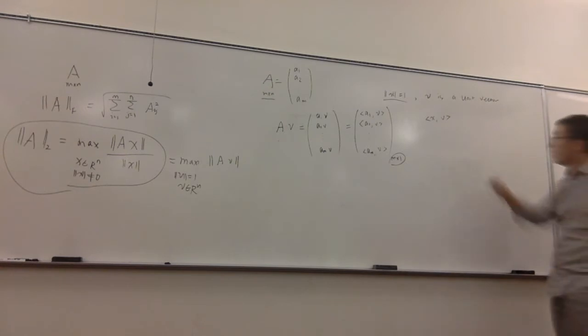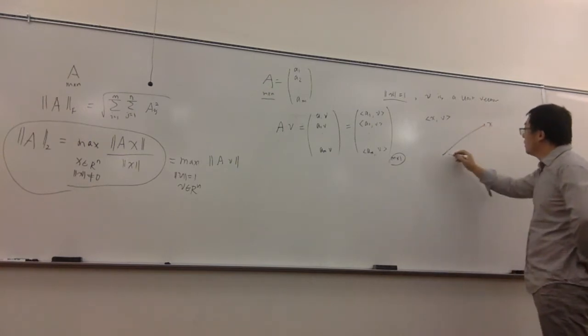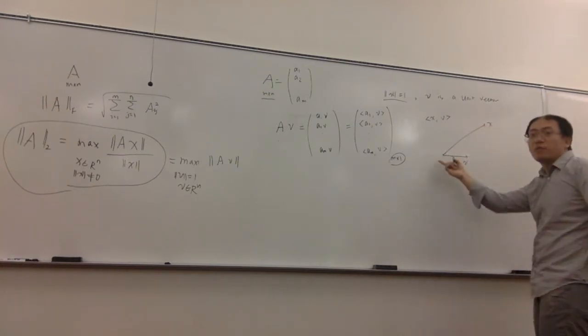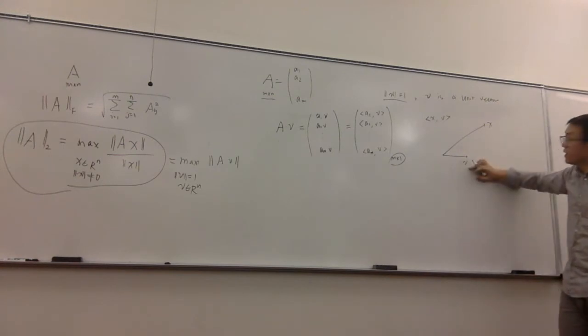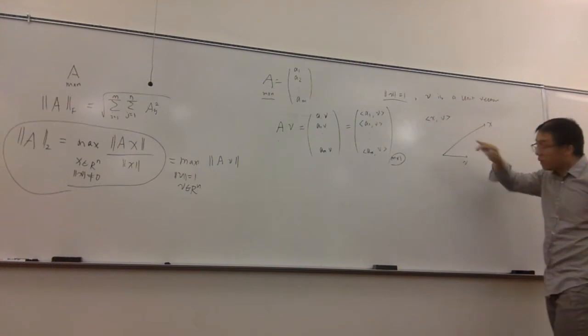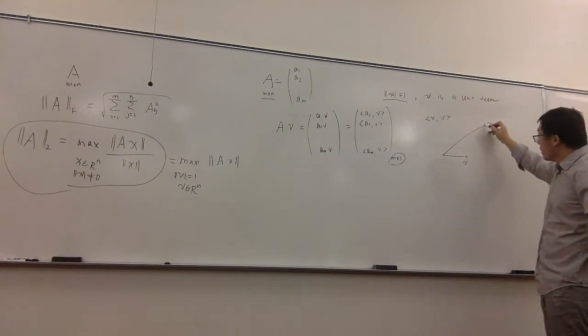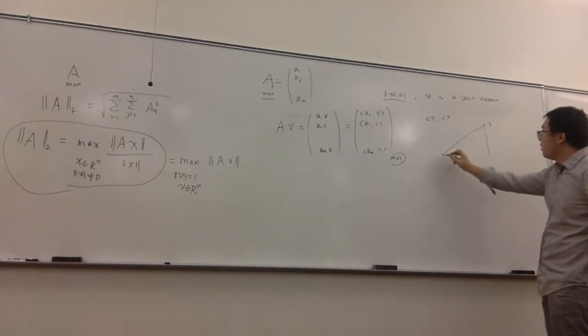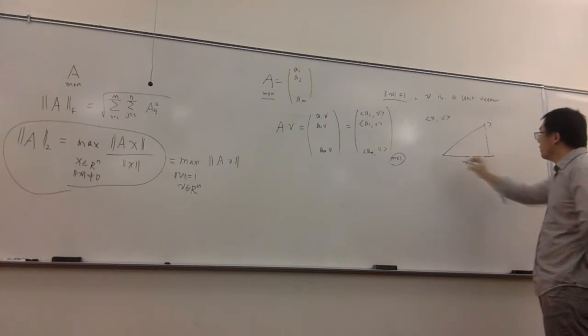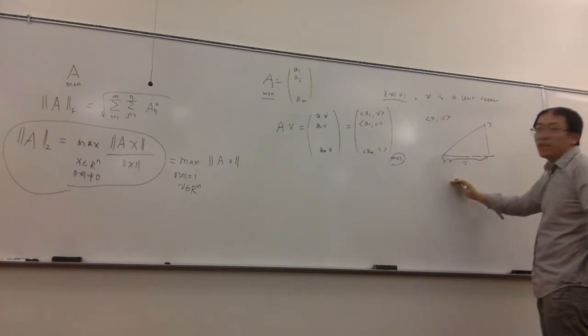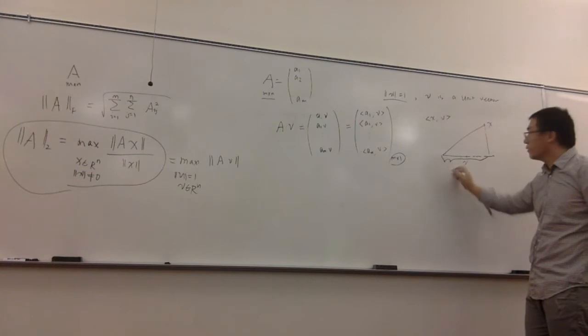Yeah, exactly, right? So this is x, and suppose this is v. This is the direction of v. So if v is a unit vector, the inner product between x and v is projecting x onto the direction of v, and the projection length is the inner product.